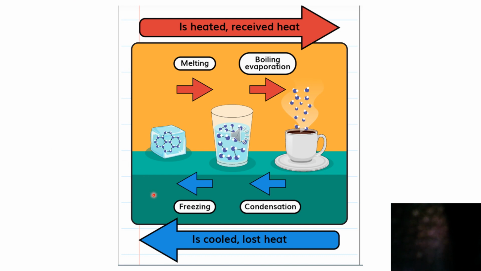What is the difference between the boiling process and the evaporation process? The boiling process is when water is heated to 100 degrees Celsius.